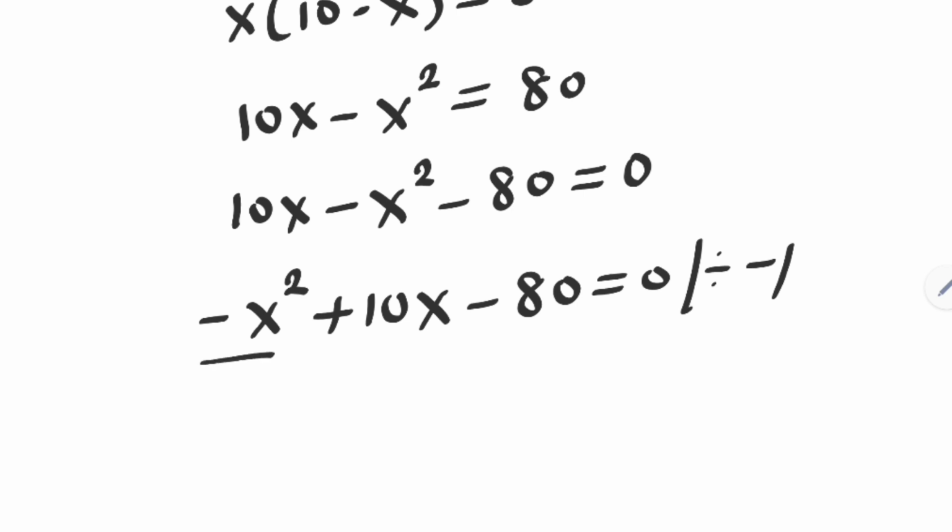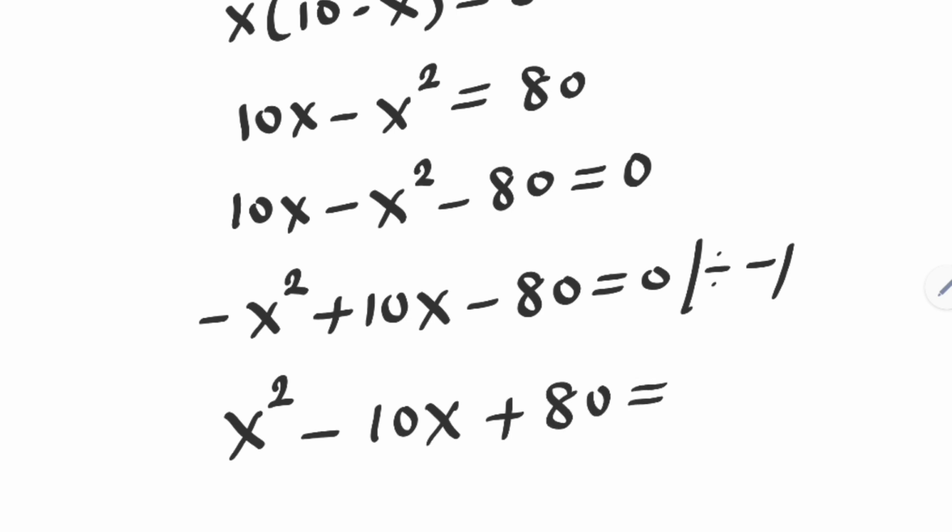Negative x squared divided by negative 1 will give positive x squared. Then positive 10x divided by negative 1 will give negative 10x. And then negative 80 divided by negative 1 will give positive 80 is equal to 0.